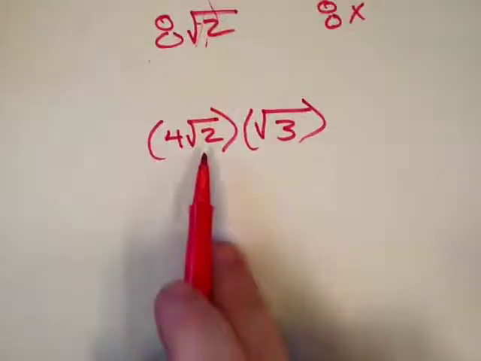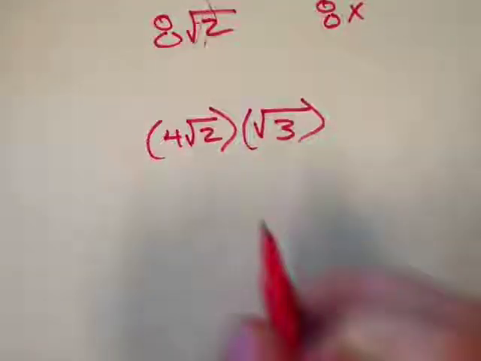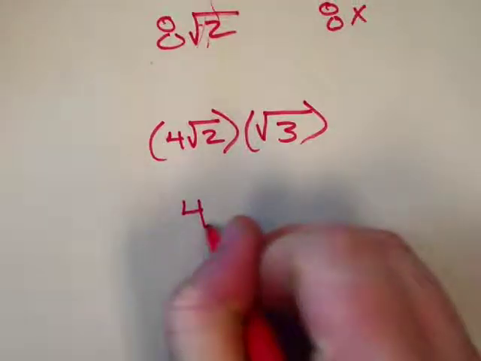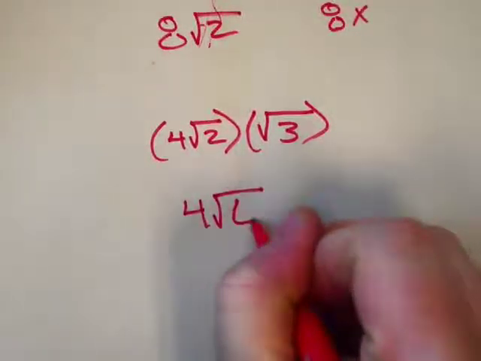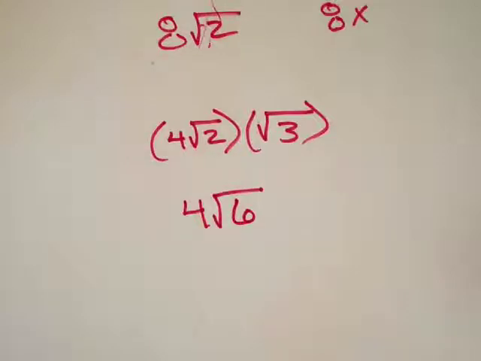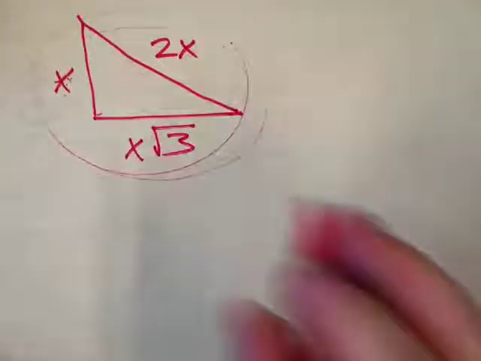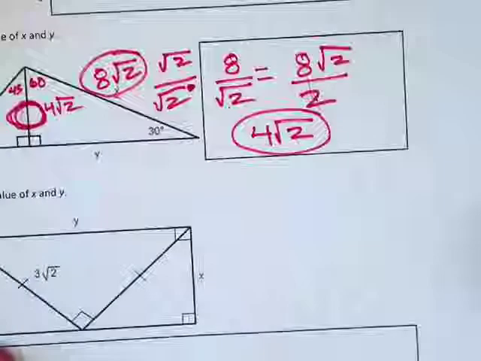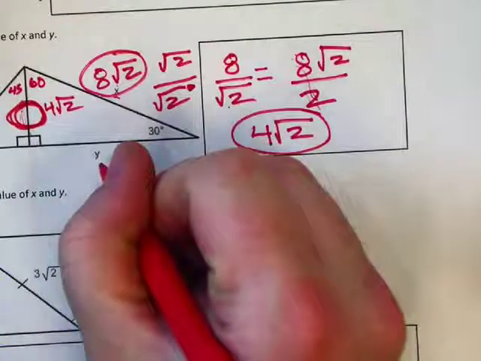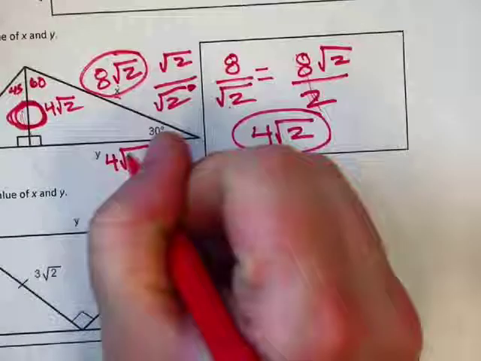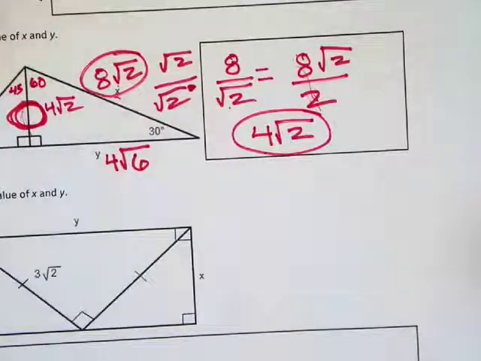So now let's multiply them together. What's the square root of 2 times the square root of 3? That would be the square root of 6. Just multiply them together, but keep them under the radical. So now we have our y is 4 times the square root of 6.